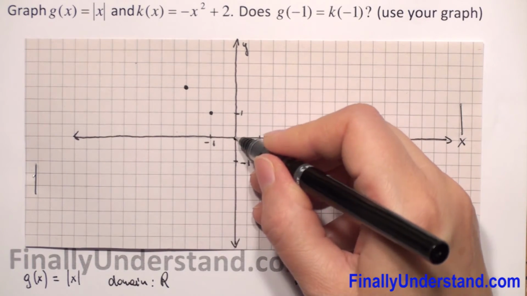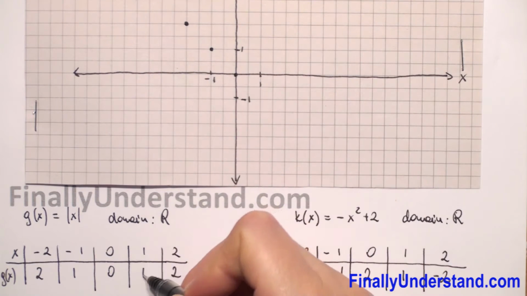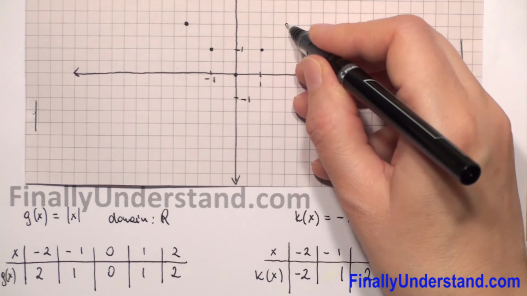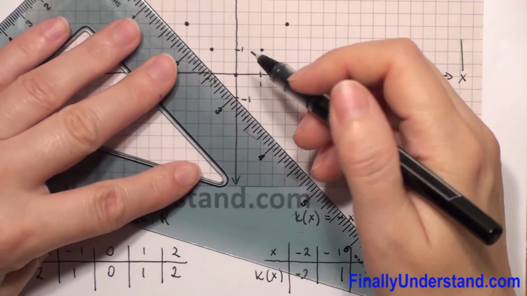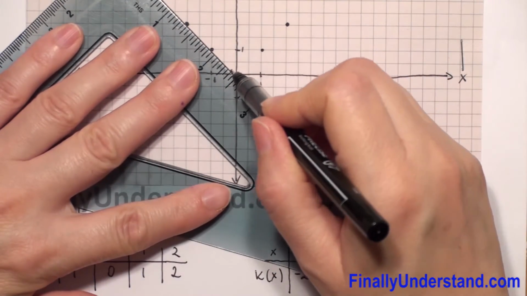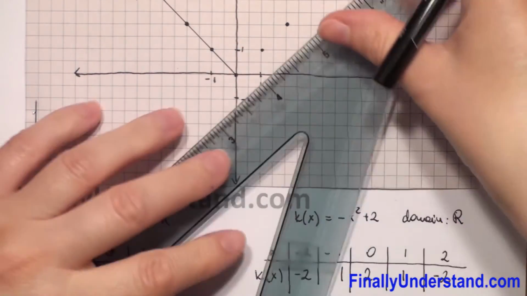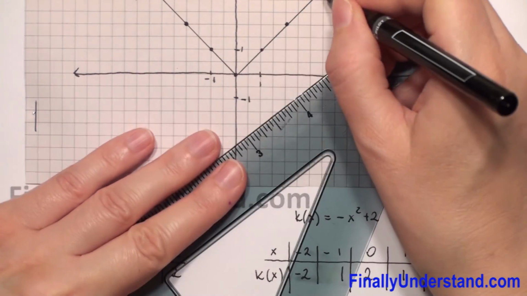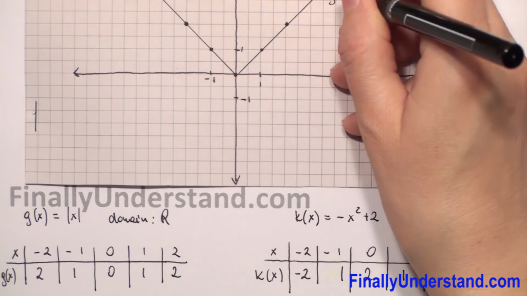For 0, we have 0. For 1, we have 1. For 2, we have value 2. So our function, absolute value of x, of course, is going to infinity from the left and right, because we can substitute x by every real number. This is our function g of x.